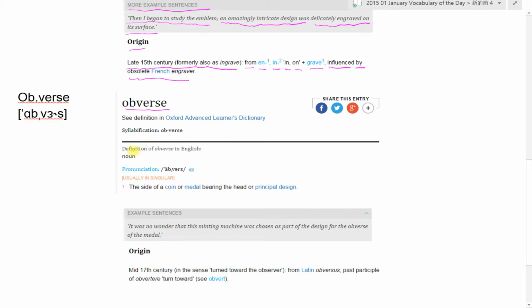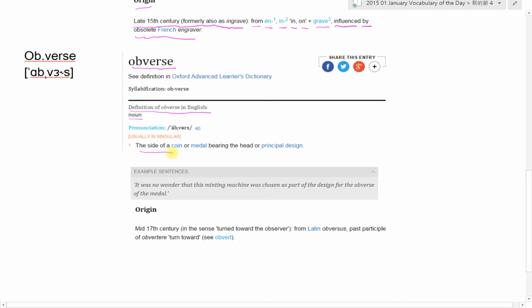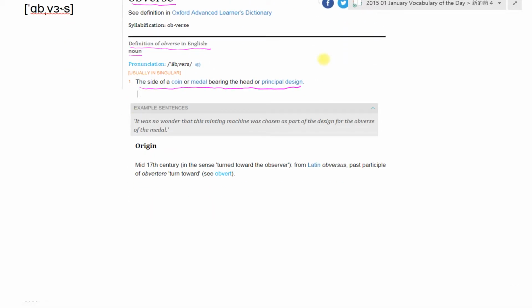Obverse. Definition of obverse in English. Noun. The side of a coin or medal bearing the head or principal design. Example sentences. It was no wonder that this minting machine was chosen as part of the design for the obverse of the medal. Origins of obverse.